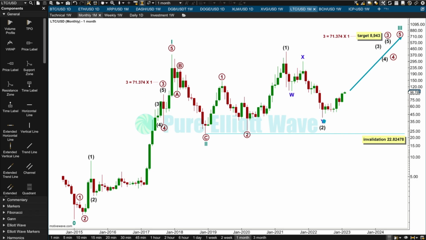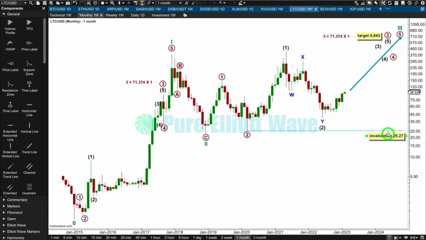I think when intermediate 3 has moved beyond the end of 1, that's when I'm going to bring the invalidation point up to the start of intermediate 3. Then it will have met one of those core Elliott wave rules. Primary 3 may only subdivide as an impulse. Within the impulse, intermediate 3 must move beyond the end of intermediate 1. When that rule is met, I'll bring the invalidation point up. That's usually my approach. So on the monthly chart, I'm leaving it down here. Actually, I could bring it up here. Let's bring it up to 25.27. Not much of a difference.